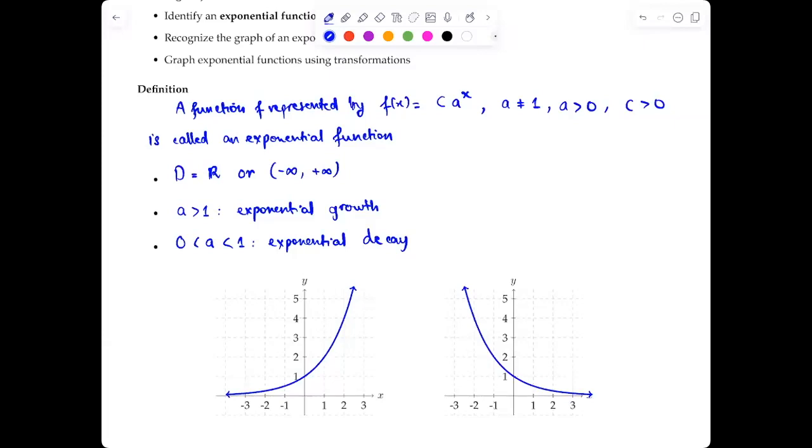Something like this is called exponential decay. Eventually, when you have a population or something, it will die down, but it will never actually get to 0. We will learn a little bit later that y equal to 0 is a horizontal asymptote. So the function approaches y equal to 0, but never actually passes it.